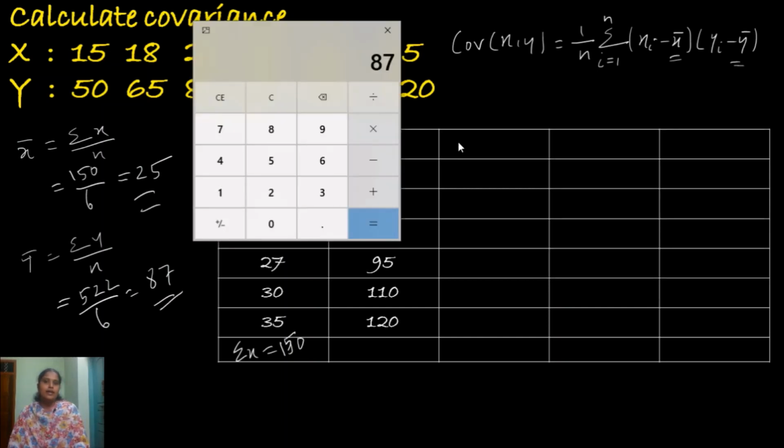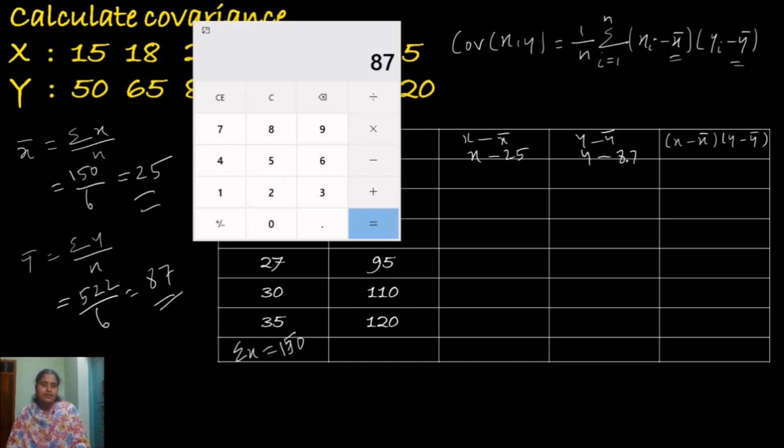So now we calculate x minus x bar, and we calculate y minus y bar, and we make a product of x minus x bar and y minus y bar. The value of x bar here is 25 and the value of y bar is 87.